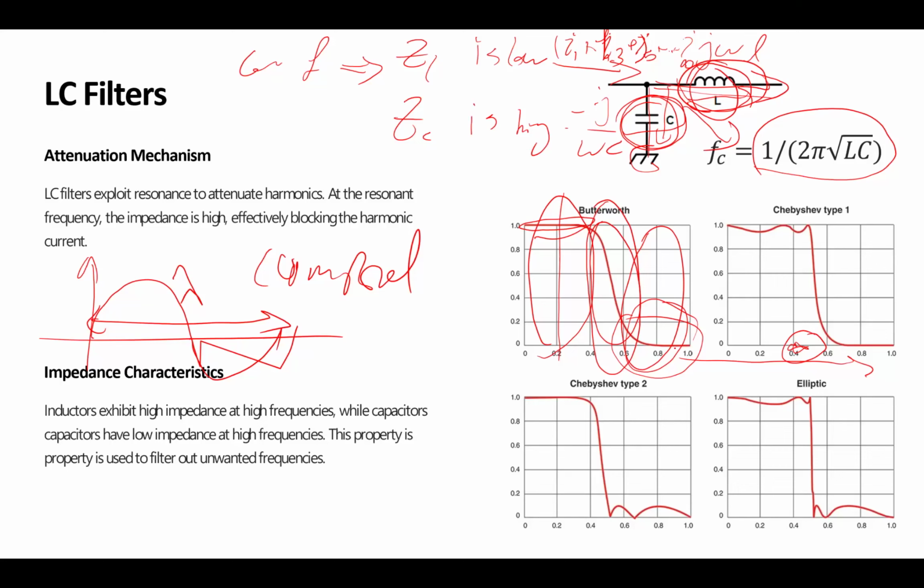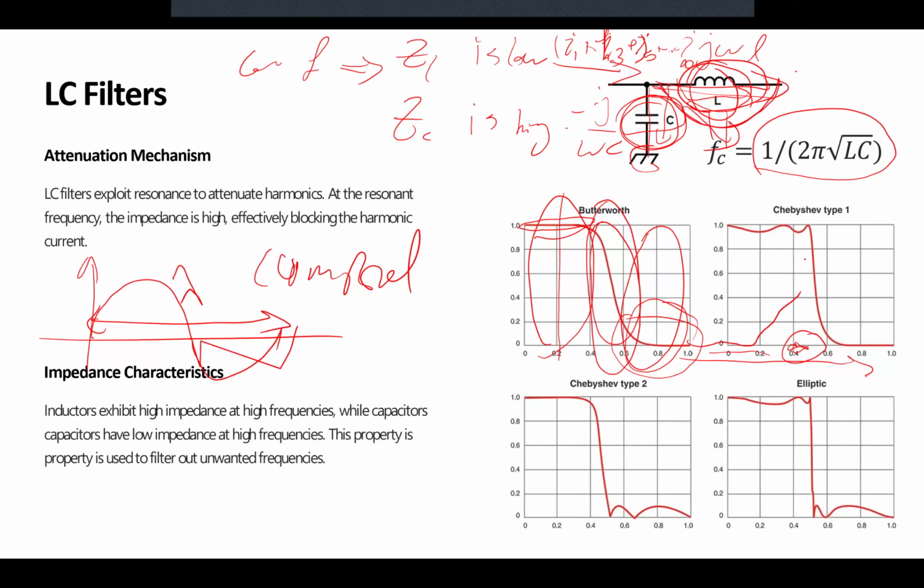Then at high frequency, this gain starts rising because now we have another capacitor that short circuits this L, in parallel to that L at high frequency. Makes sense? So this is a practical point.